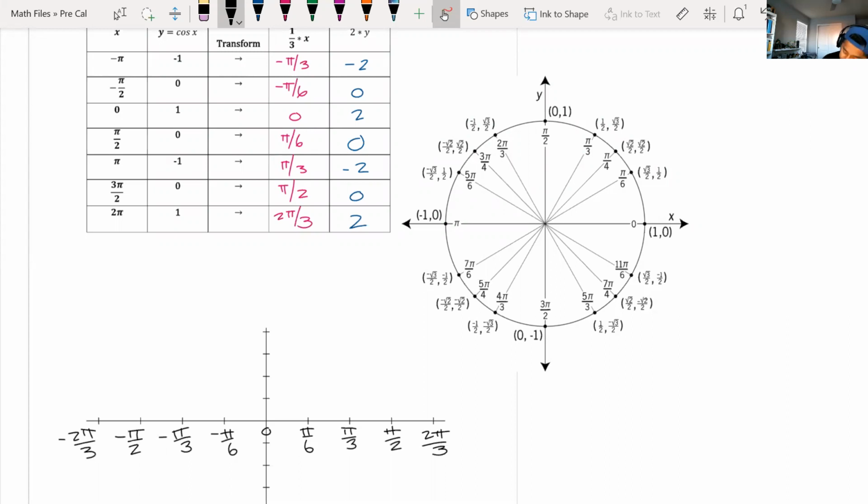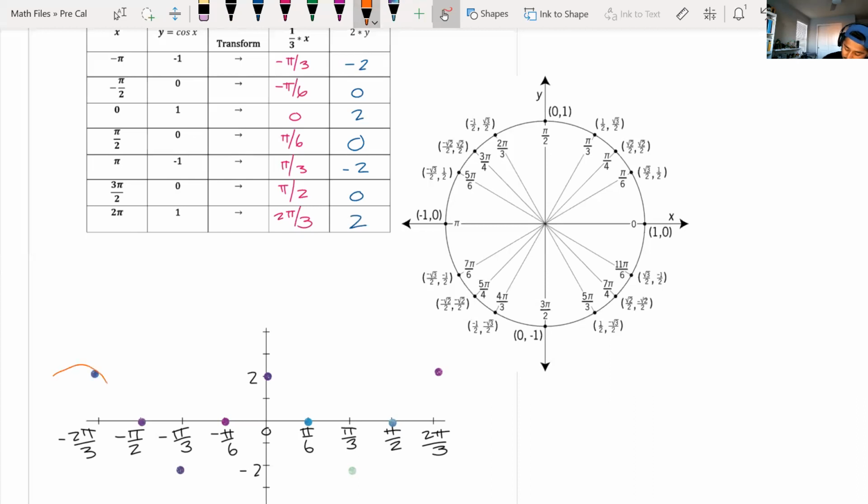The highest we go is 2, and the lowest we go is negative 2. Okay. Now plot negative pi over 3, we are at negative 2. And then negative pi over 6, we are at 0, then 0, 2, 0, negative 2, 0, and 2. And then just reflect these across. At negative pi over 2, we'd be at 0 and then 2.